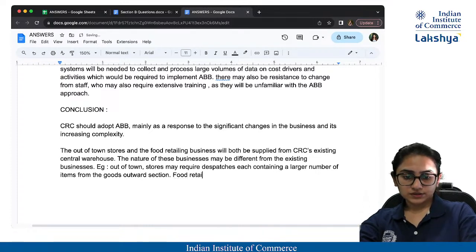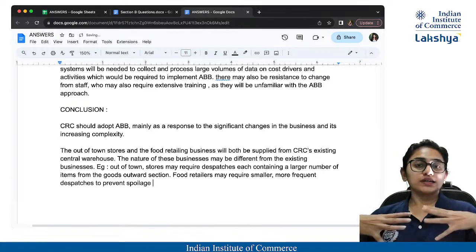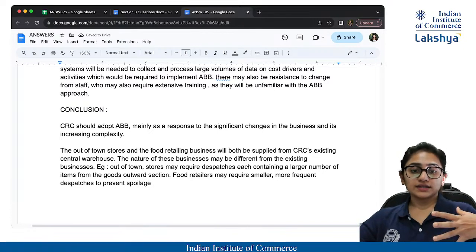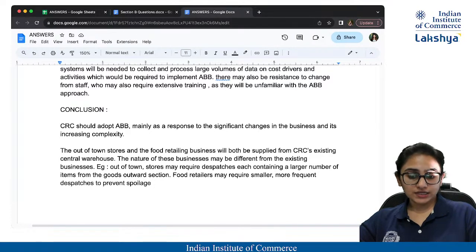Food retailers may require smaller, more frequent dispatches to prevent spoilage, because if a lot is sent to them but they are not able to sell that, then it will be a lot of wastage and spoilage.